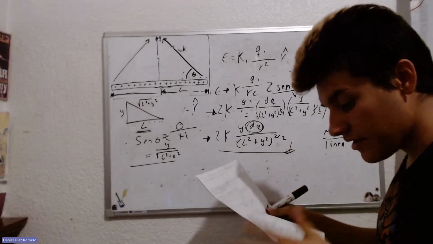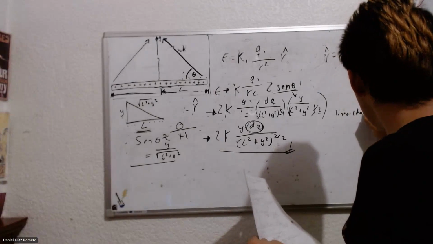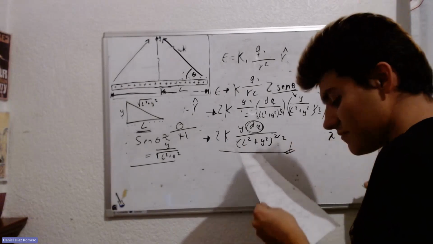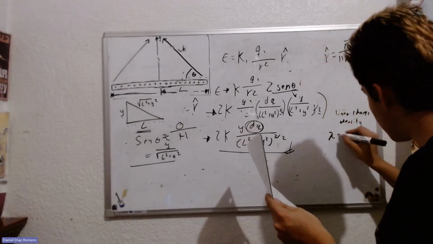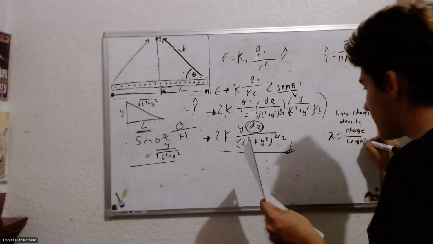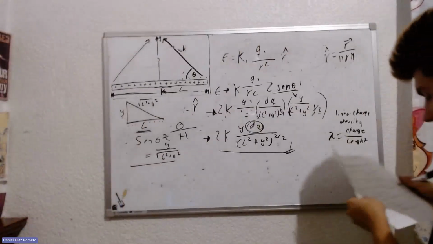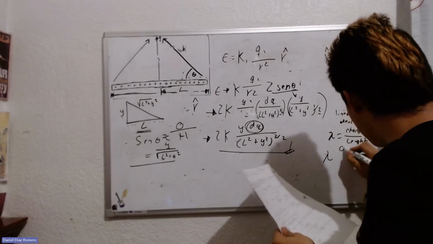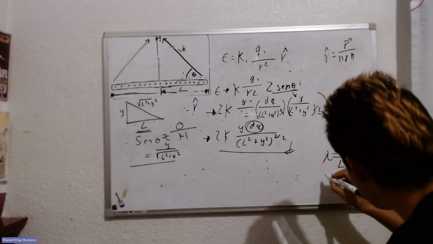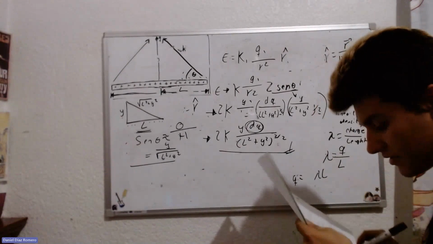But the linear charge density, instead, which is expressed by the lambda symbol, is the charge over the length, that is length right here, and the charge over there. So it's equal to Q over L. So with that conclusion, we know that Q is equal to lambda multiplied by L.